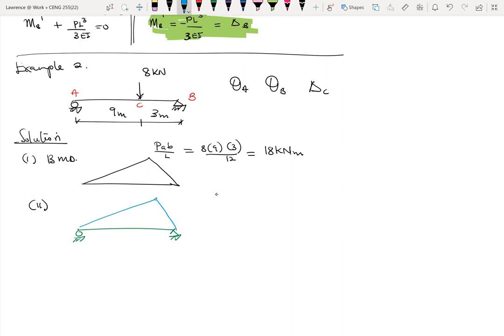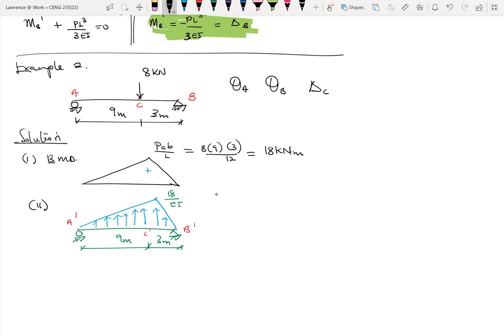Since this is a positive bending moment, my loads are acting upwards. The value here is 18 over EI. We have these various lengths right here, 9 meters and 3 meters. The points I can call A prime, C prime, and B prime. So now I have my conjugate beam.